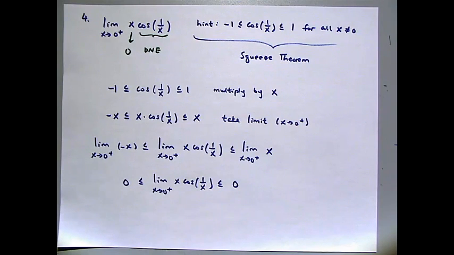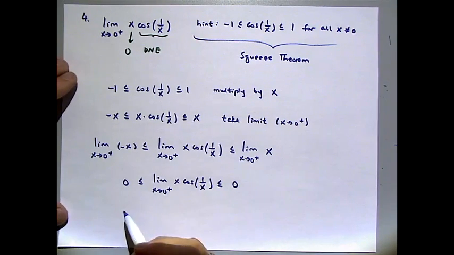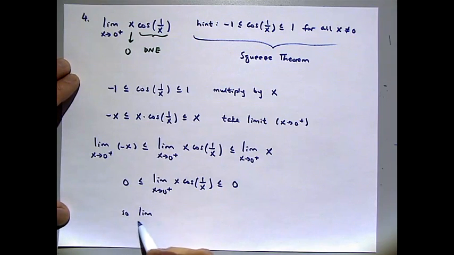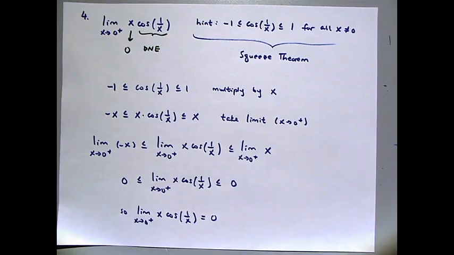And the only thing that can be between 0 and 0 is 0 itself. Therefore, we see that this thing is going to have a limit of 0. Any question? Nope? Okay, good. Moving on to number 5.